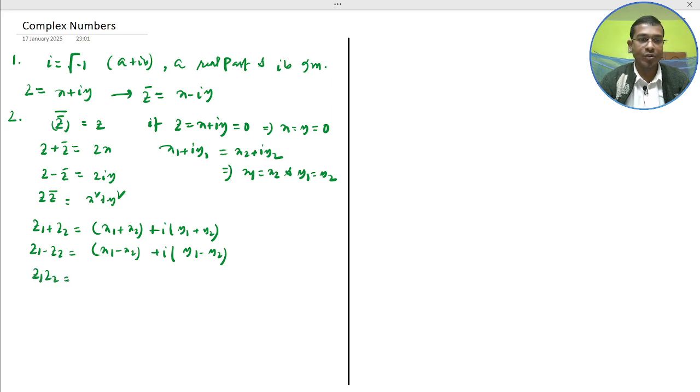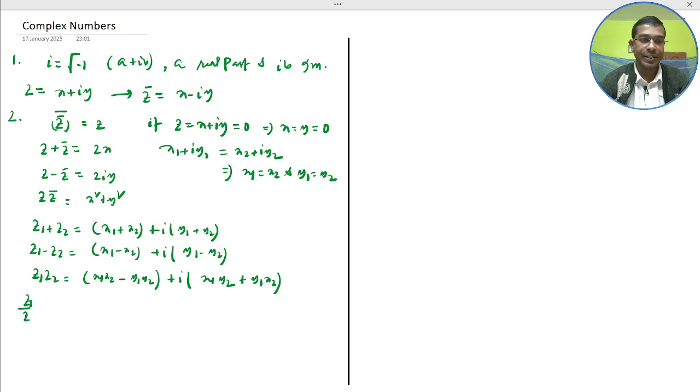and z1 z2 is equal to (x1 x2 - y1 y2) + i(x1 y2 + y1 x2).